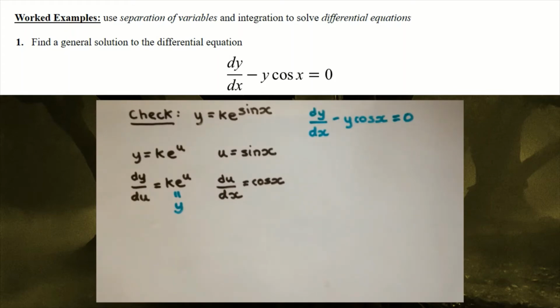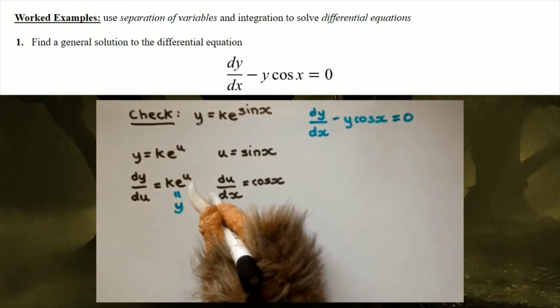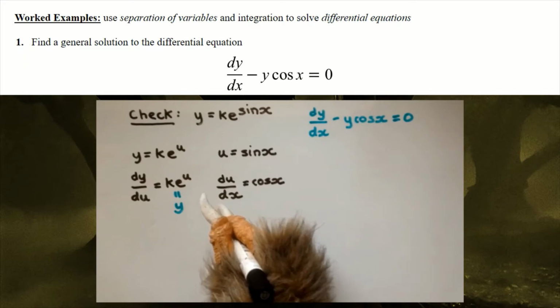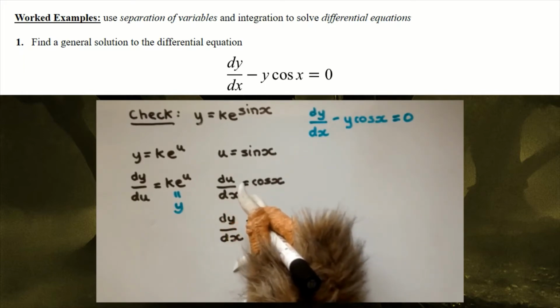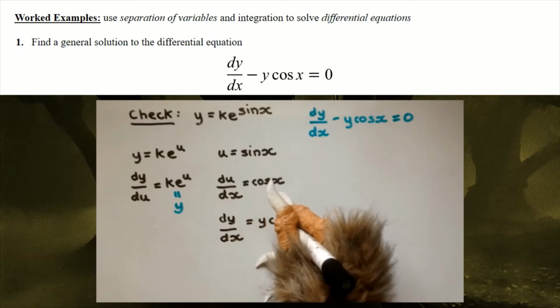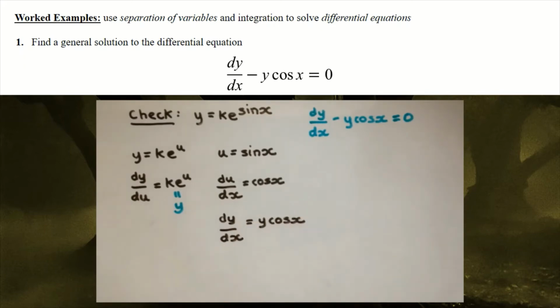That means that when I combine the two derivatives, dy by dx is just going to be the product of y and cos x. And then the next step is trivial, isn't it? So if I subtract y cos x from both sides, I get the differential equation I started with.